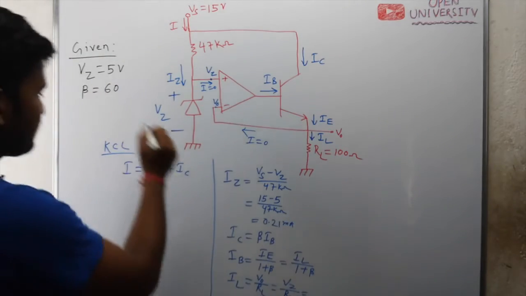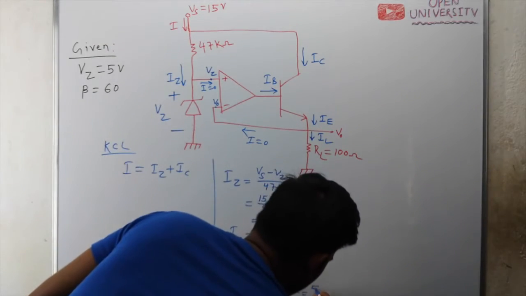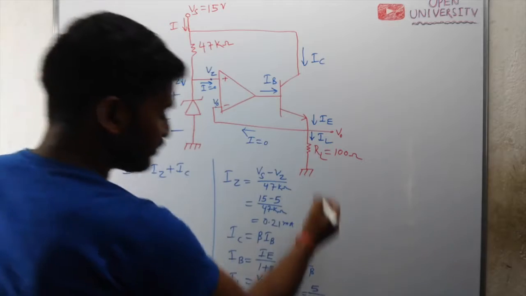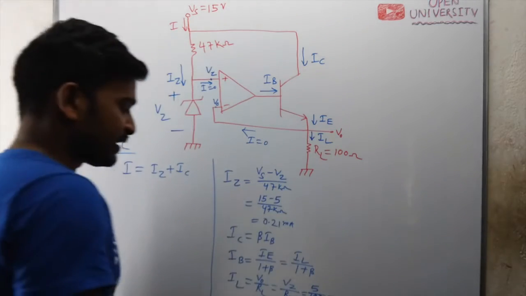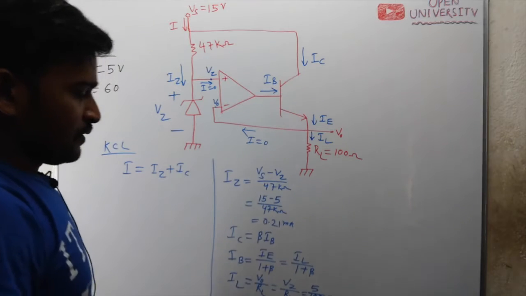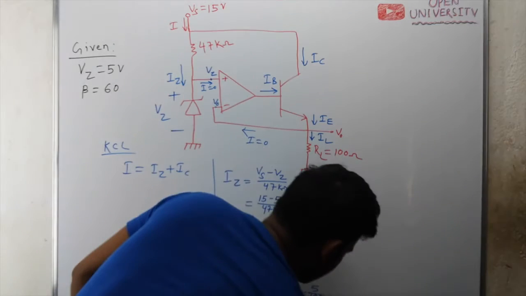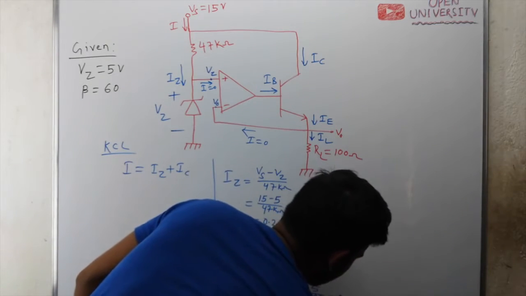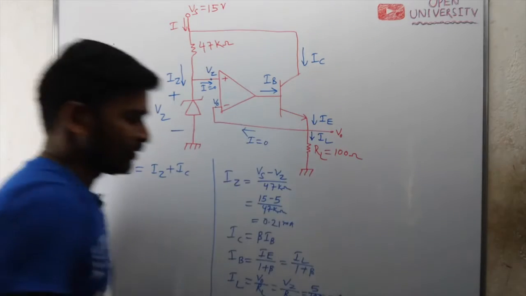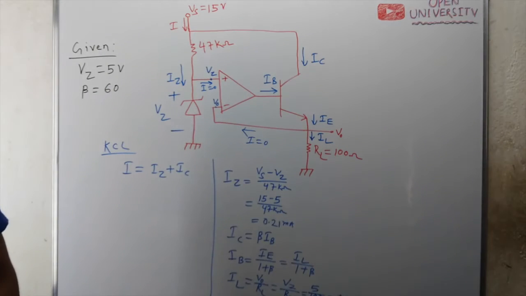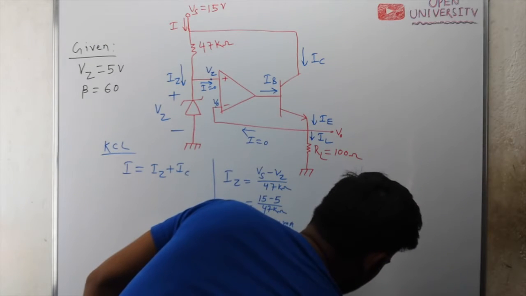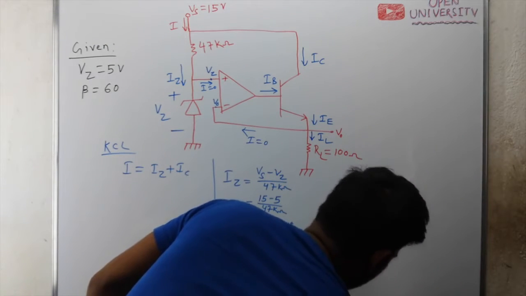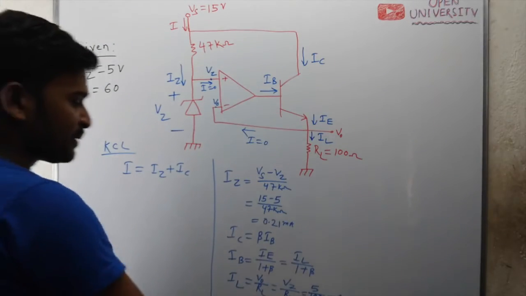What is the value of Vz? 5. So 5 divided by RL, which is 100, gives 0.05 ampere, or 50 milliampere. The load current value is 50 milliampere.